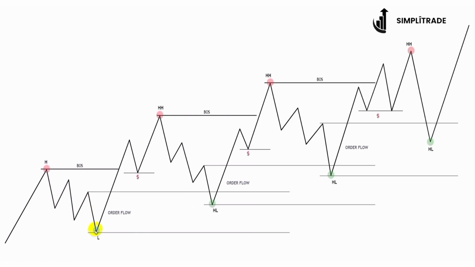So within the pullback leg move, we have this particular sell move as the last sell move before the impulsive leg move to the upside. So now this becomes our order flow, because this sell movement helps sponsor the impulsive leg move to the upside that actually took out the swing high points.